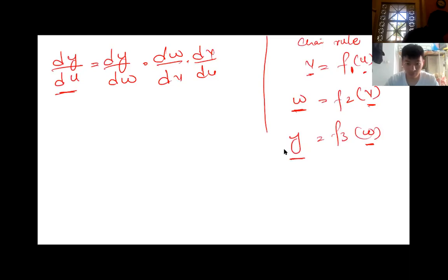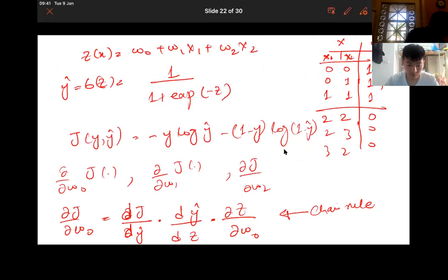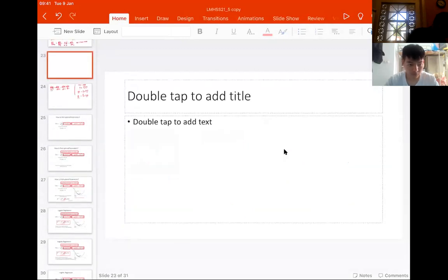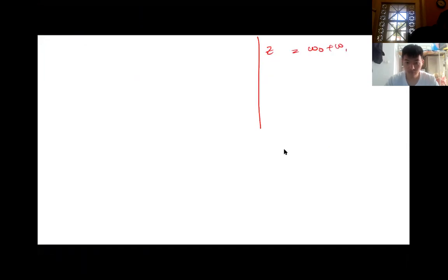So let's come back to our slide and let's get a clean slide and try to derive these expressions. Of course, we have them in closed form, but I want to derive it so that we see that there is no magic. It's quite simple expressions and we can actually do it. So let me write it here. So z is w0 plus w1 x1 plus w2 x2.